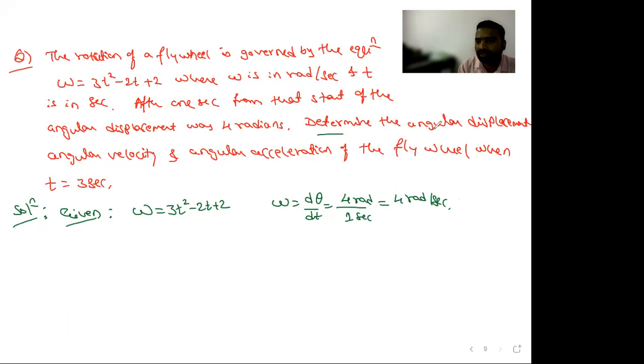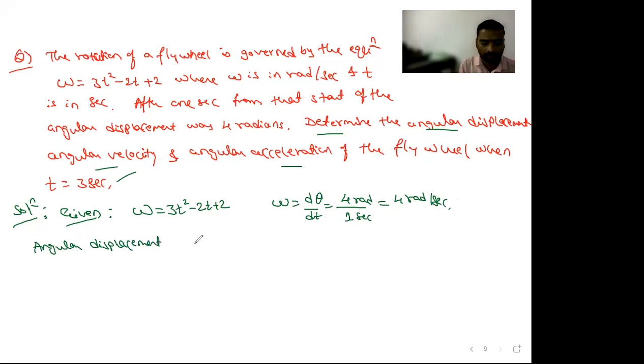Then determine angular displacement, angular velocity, angular acceleration when time is 3 seconds. Okay, so angular velocity is known. I want to determine displacement. What is the formula for angular displacement?